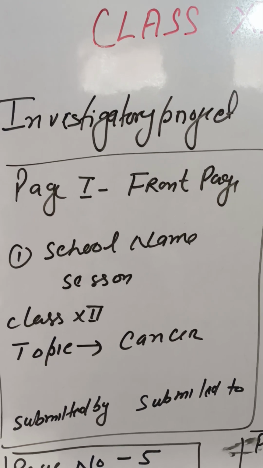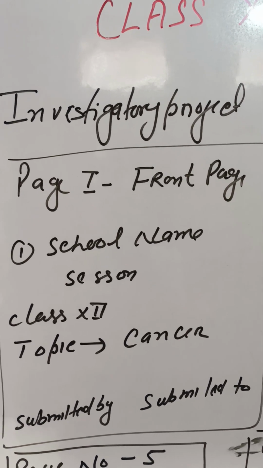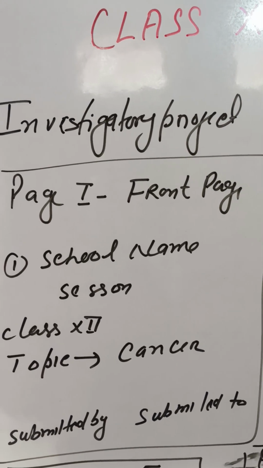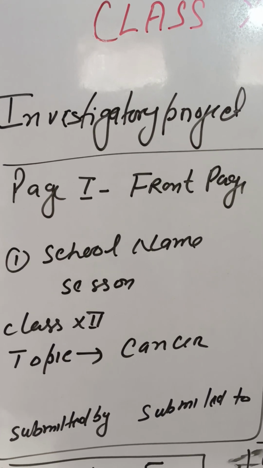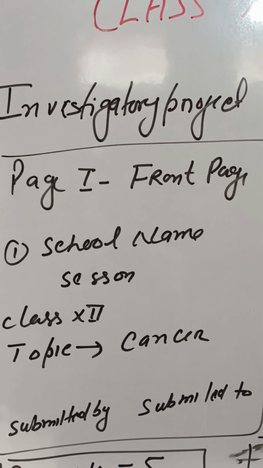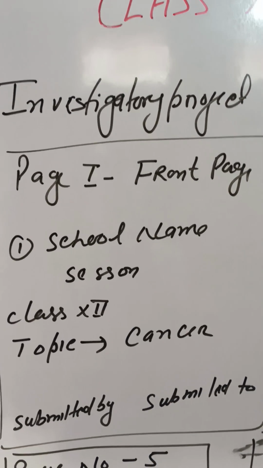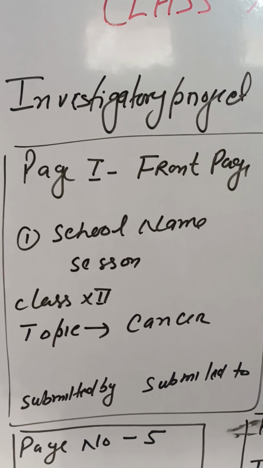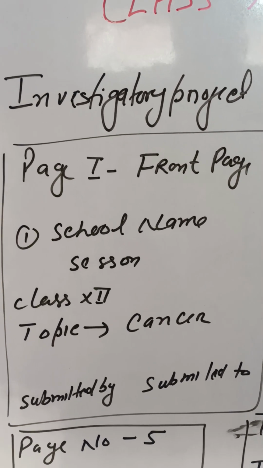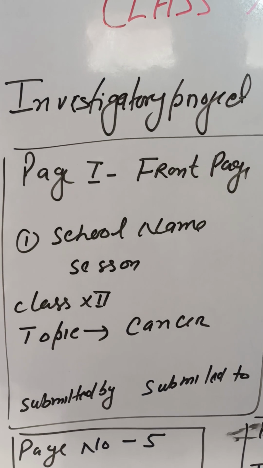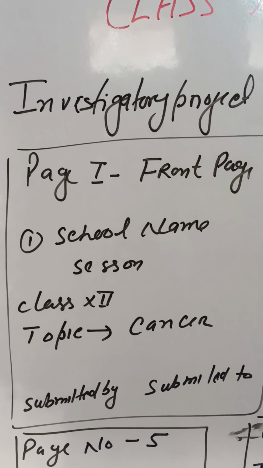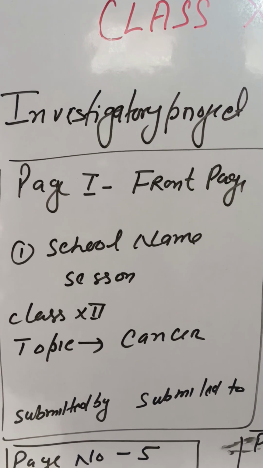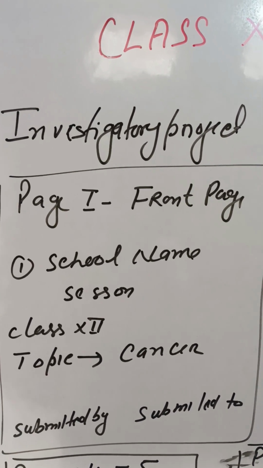Do you know that in an investigatory project the first page is called the front page? In the front page, first of all the school name, their logo, session, and after that your class name, roll number, which will be the board roll number, and after that the topic, and finally in the bottom line, submitted by and submitted to.